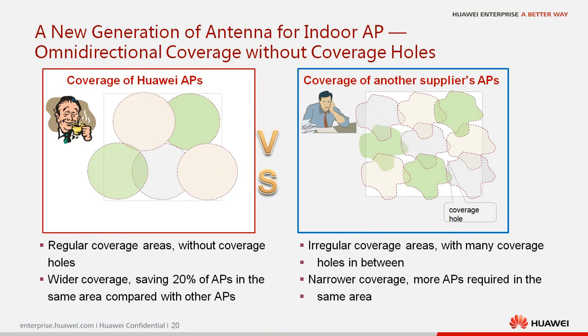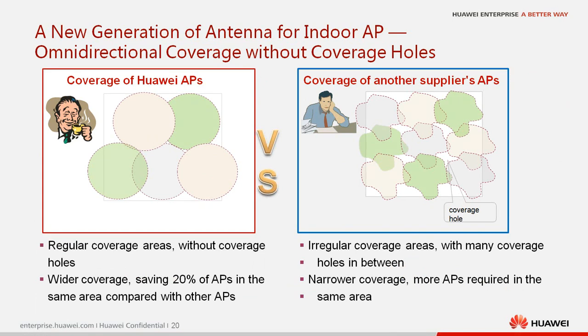Here is kind of give you an idea of how the coverage looks with the Huawei solution versus the rest of the solutions. As you can see here on the left, it's a coverage without any coverage holes, while on the right hand side you can see the coverage from the other access points, where they leave a coverage gap in between.